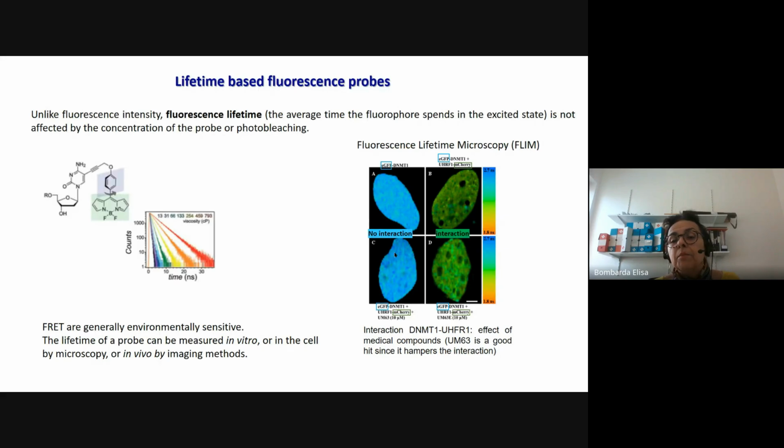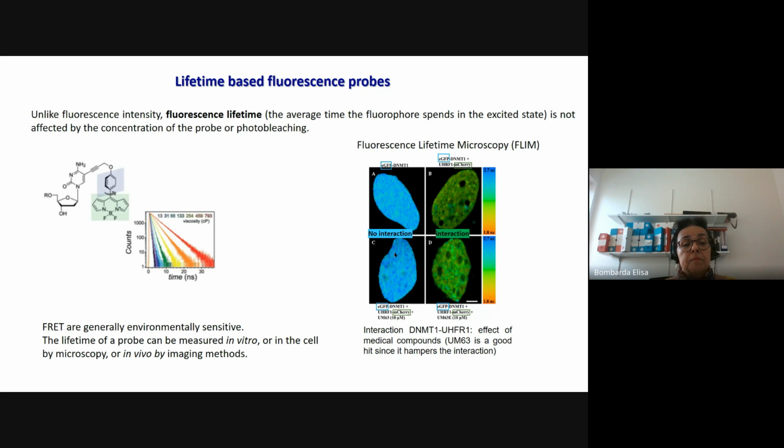This time can be affected, reduced, or prolonged according to the surrounding phenomena that happen. That's why lifetime can also be used as a parameter to be detected, and there are probes that are designed to be sensitive in this respect.